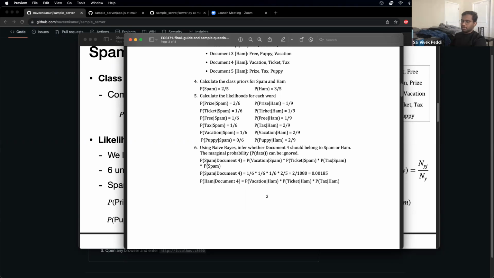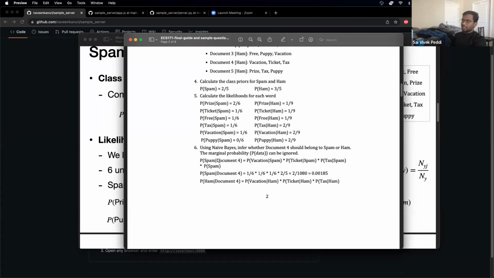So you need to calculate these problems. Think of this as probability of class C1 given X4, and probability of C0 given X4. So we are trying to calculate those probabilities.